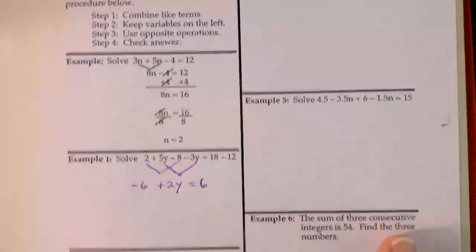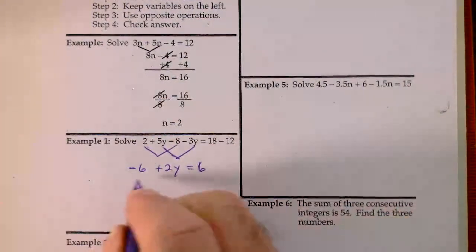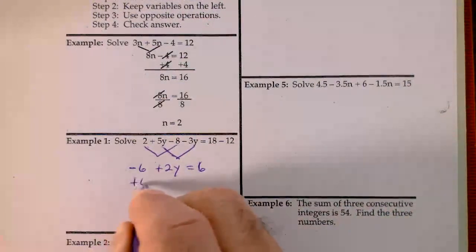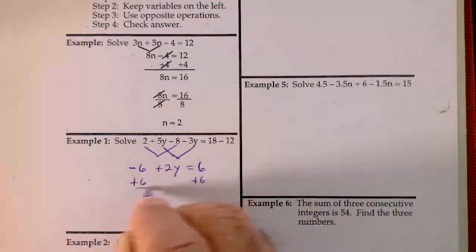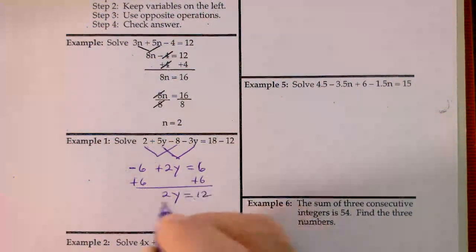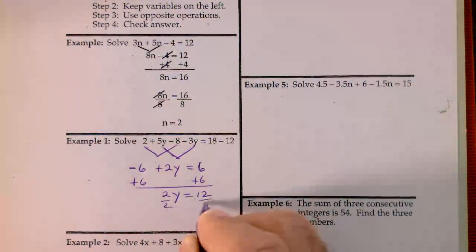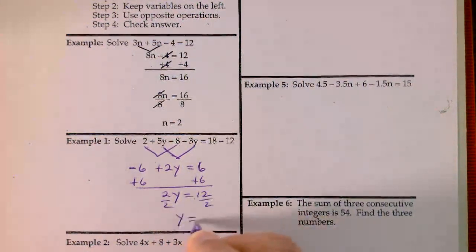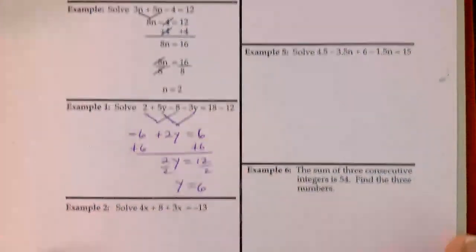We combine whatever terms we can. Then we do opposites, just like before. We add the 6, and you get 2y equals 12. The opposite of multiplying by 2 is divide, and the answer is 6.